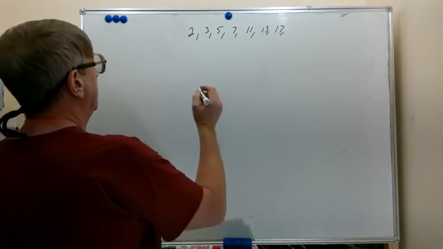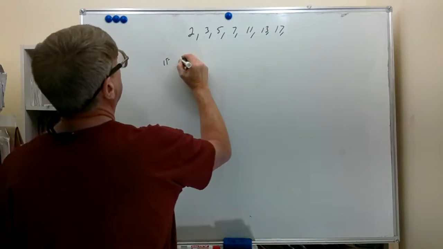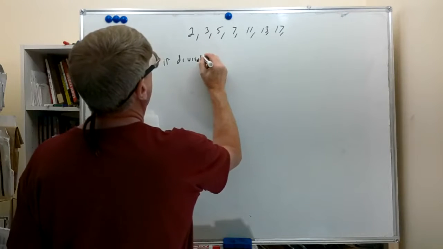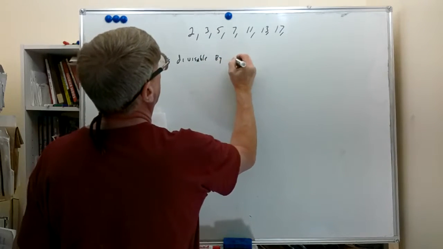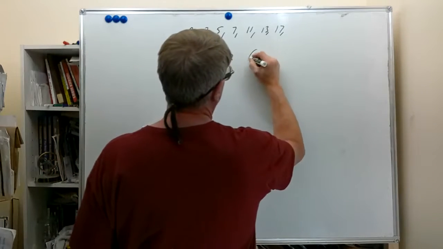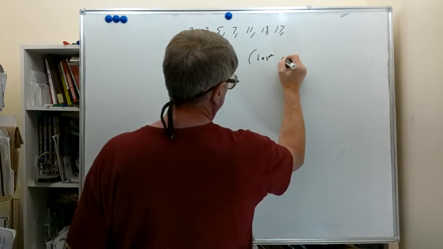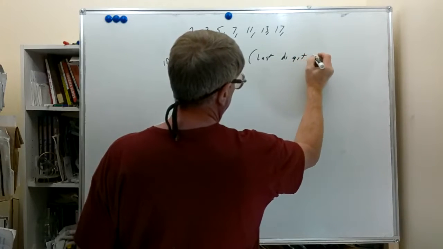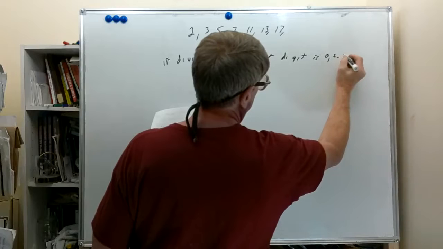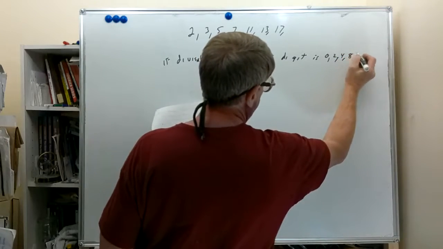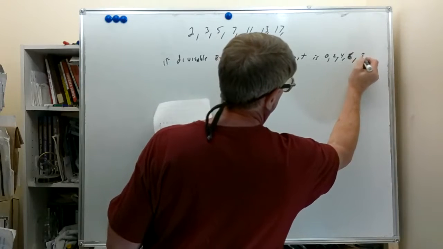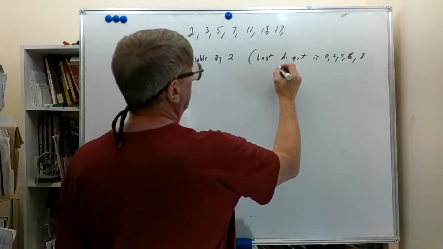So if a number is divisible by 2, you will notice, and I think most of you have already noticed, the last digit is 0, 2, 4, 6, or 8. So it's an even number.